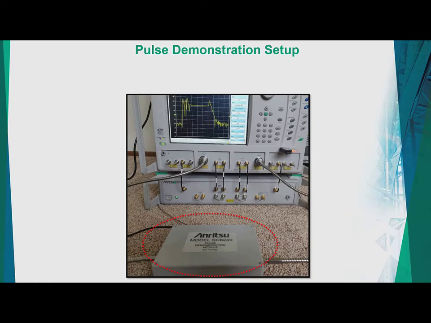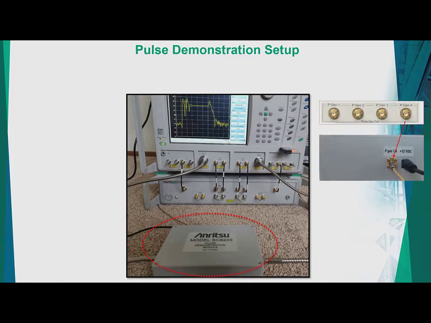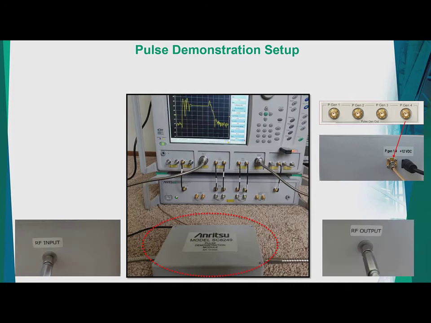You can see that this is a small box which has a power supply. Then there is an input which is coming from the pulse generator from the VNA backside. Our VNA has 4 internal pulse generators, and then we have the RF in and out going to the respective ports of the VNA.